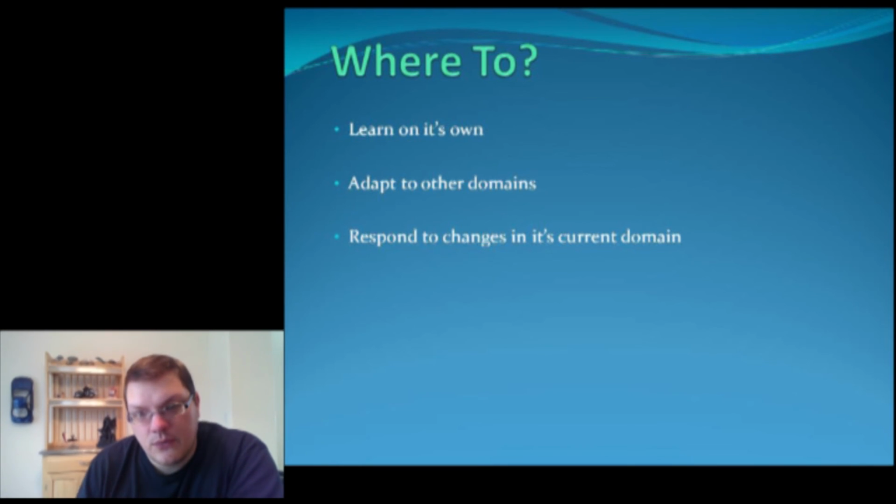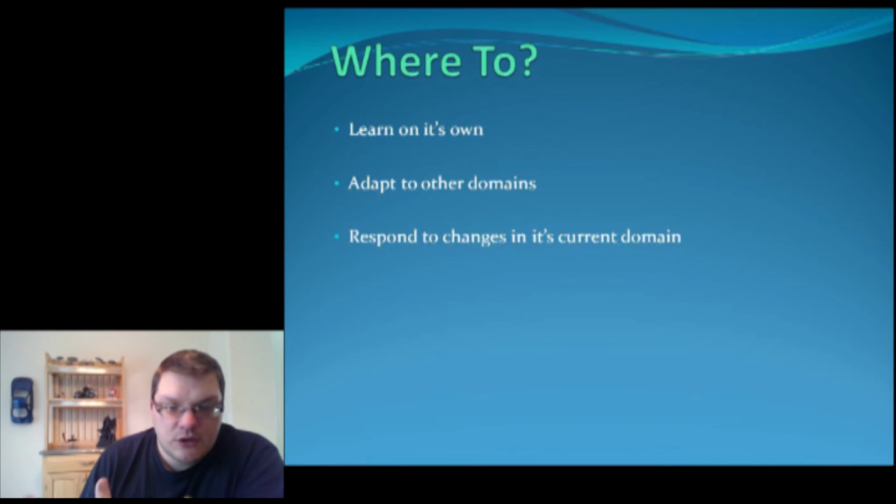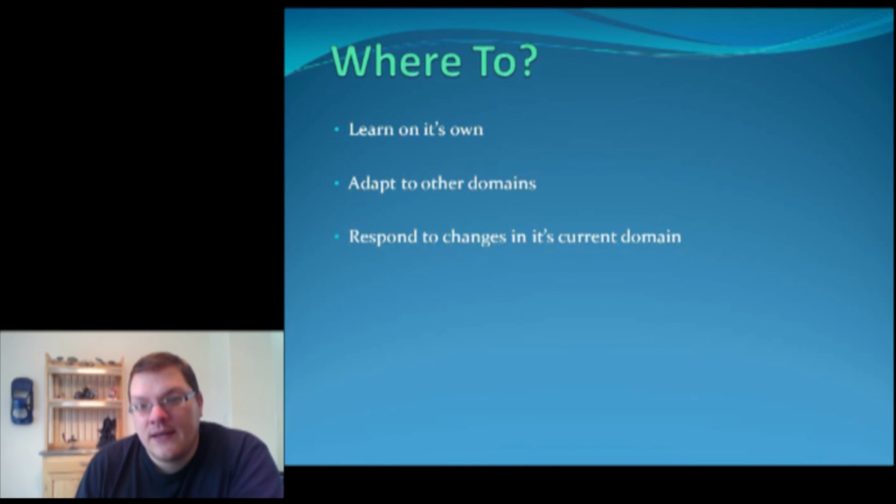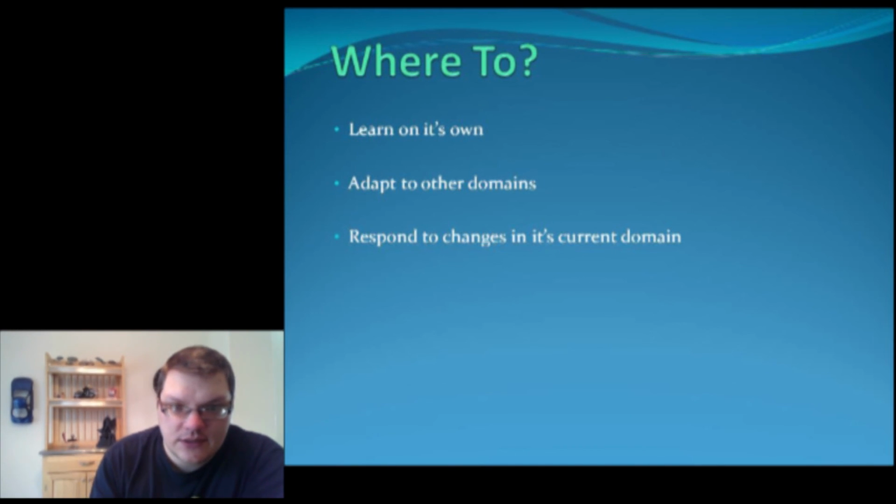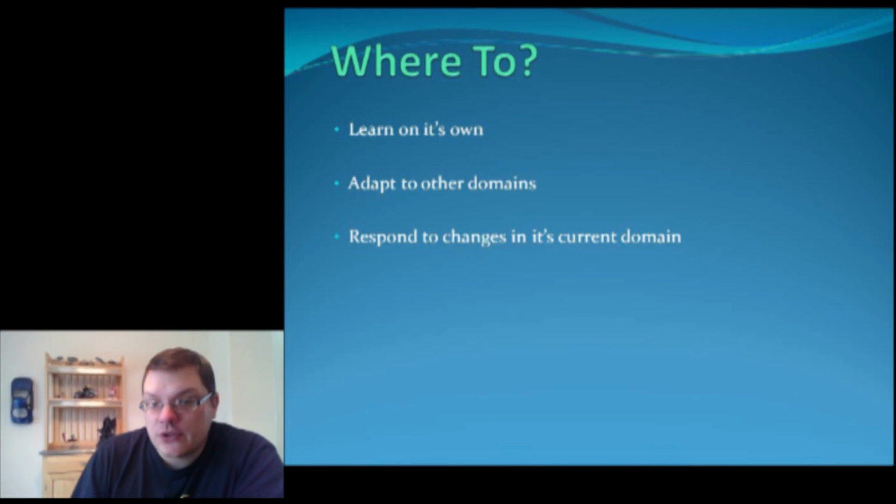And then, with all these learning abilities of this algorithm, hopefully it'll be able to adapt to other domains or grow exponentially as it sees more and more information. And then, of course, how does it respond to changes in its domain? Again, if it's actually learning, as we discussed, the neural network isn't actually learning. You're just adjusting link weights to shift the graph from one perspective to another.